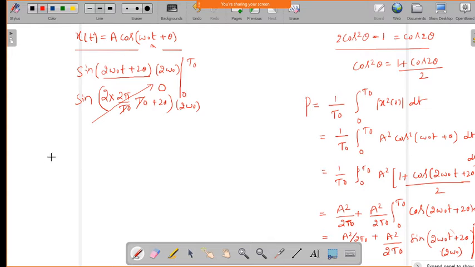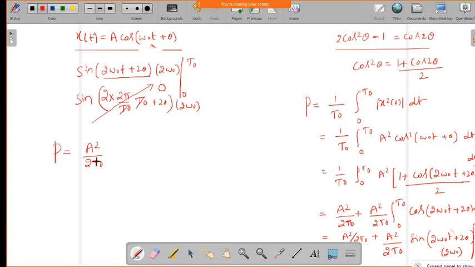Then what you will get, the power value, is equal to A squared by 2 into T naught. Now this T naught we can express again in terms of omega naught.